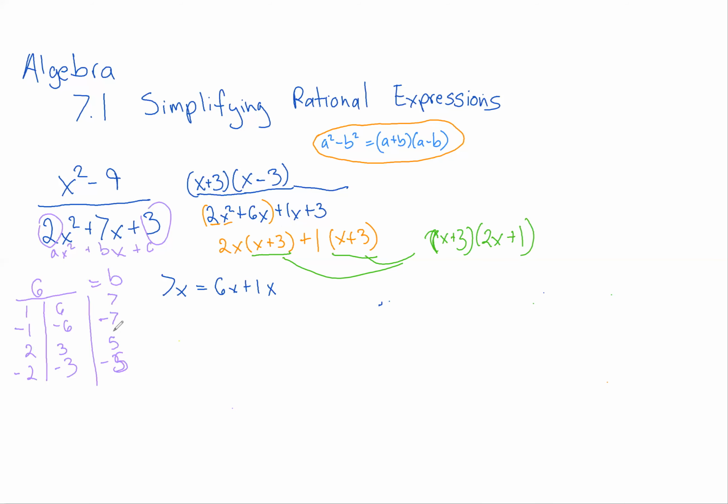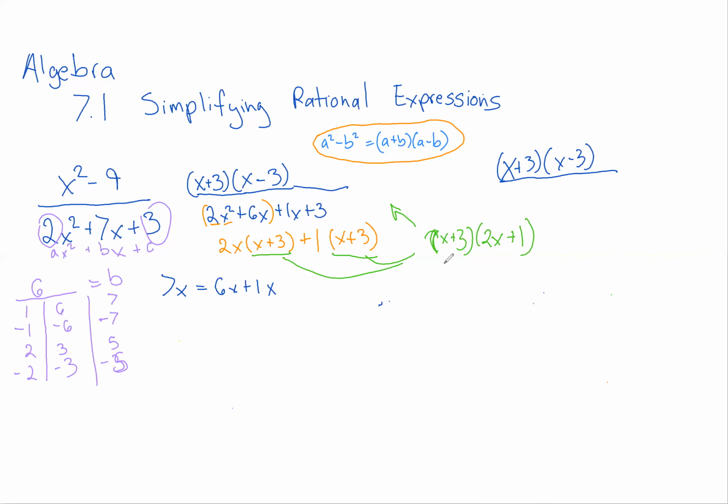So now through the AC method and finding what equals the middle term and then factoring by grouping, I've been able to factor this 2x squared plus 7x plus 3, which looked a little tricky. But now I can plug it in up here. And again, on top, it seems like it was a while ago, but we had those perfect squares. And so we've got x plus 3 times x minus 3.